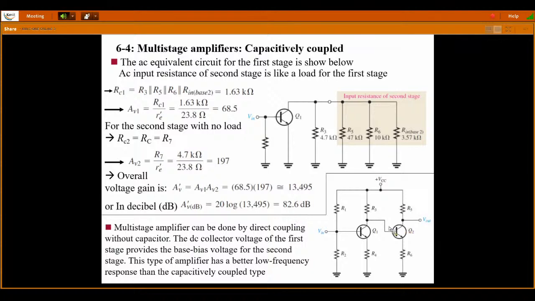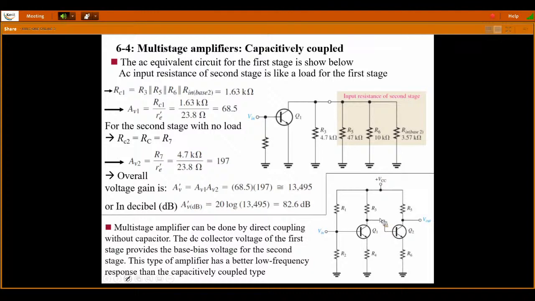Now I said that using a direct connection also you can couple the stages, and that is known as a direct coupled multi-stage amplifier. Why have we replaced this capacitor at the input? In order to obtain a very good low frequency response. This capacitor can affect the low frequency response.